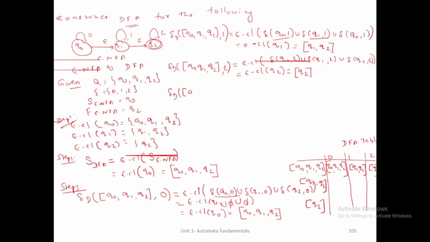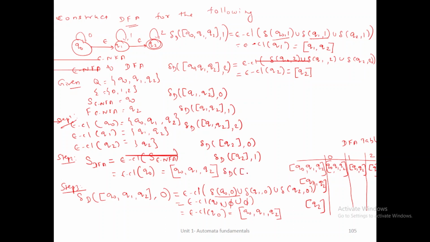So tilde D of your new resultant state [Q1, Q2], you find the answer with 1 and also with 2. Then the second new state is [Q2], you should calculate it with 2.